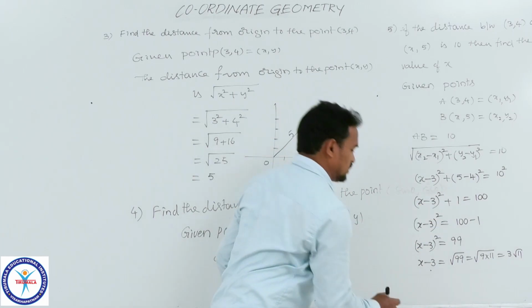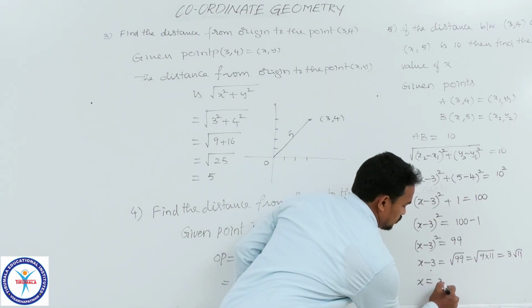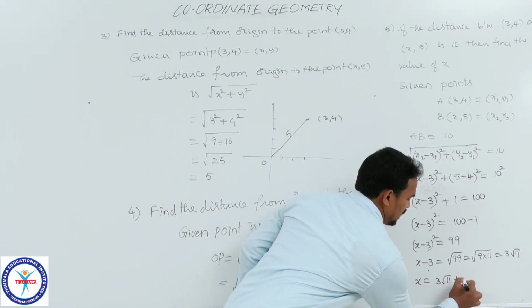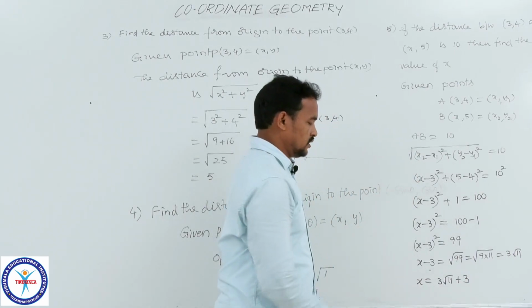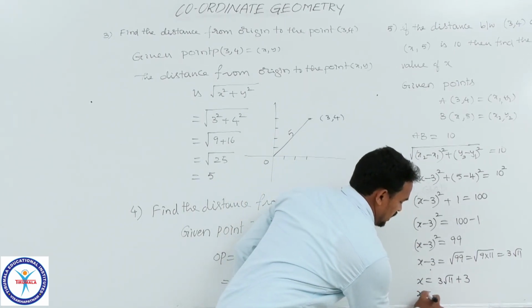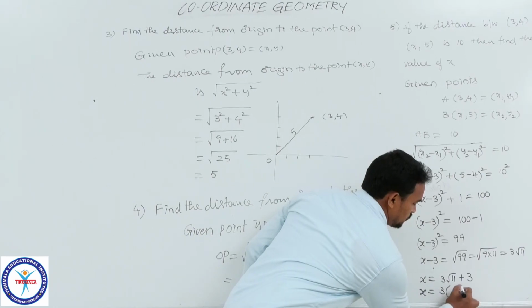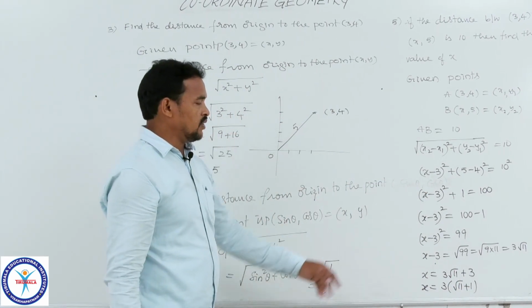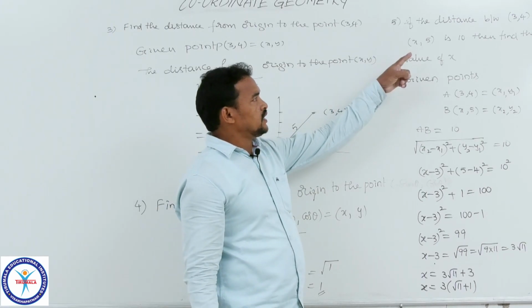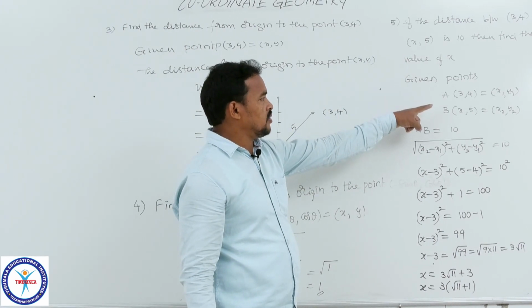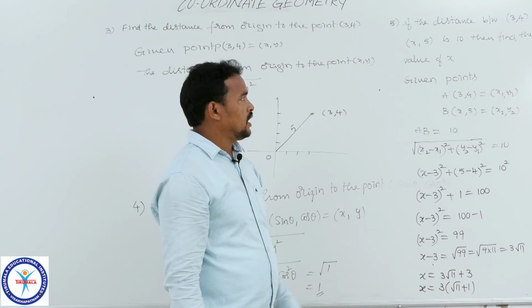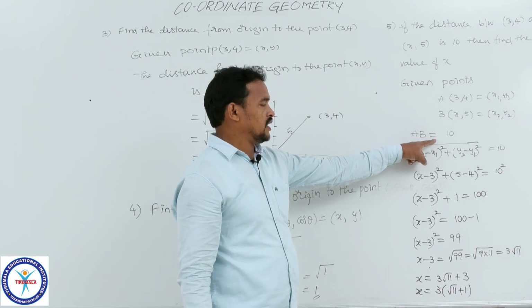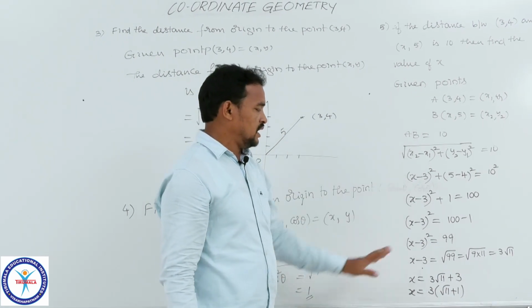Now minus 3 you will take other side, x equals to 3 root 11 plus 3. 3 take common here, x equals to 3 of root 11 plus 1. It is the value of x. In this question, given points are 3, 4 and x, 5 and the distance between them is 10 units given, then how to find the x value means like this.